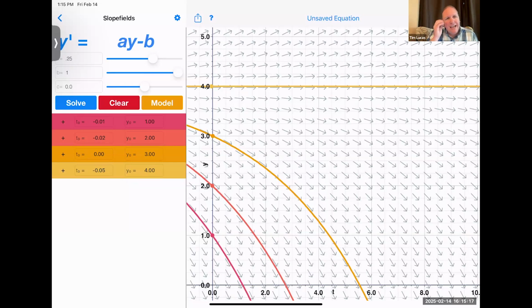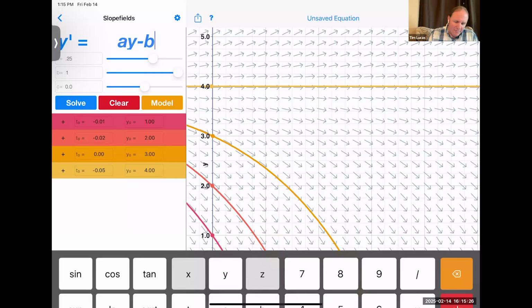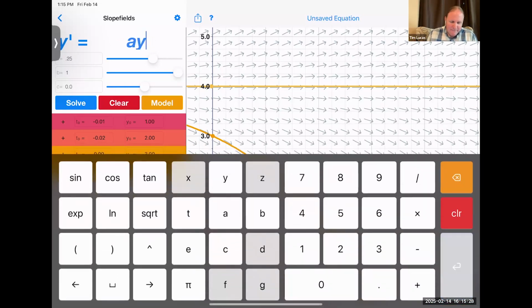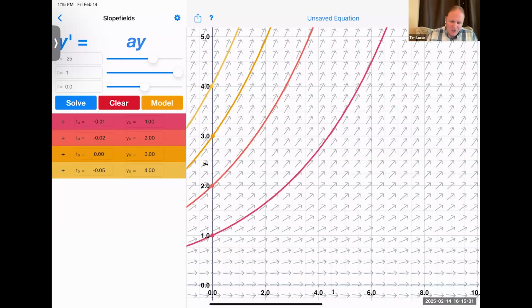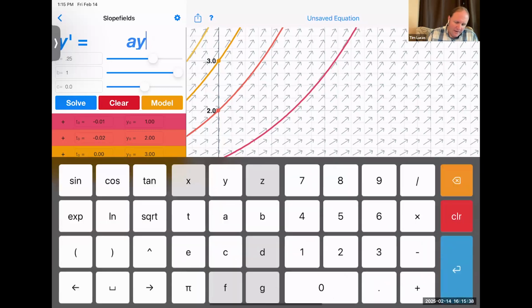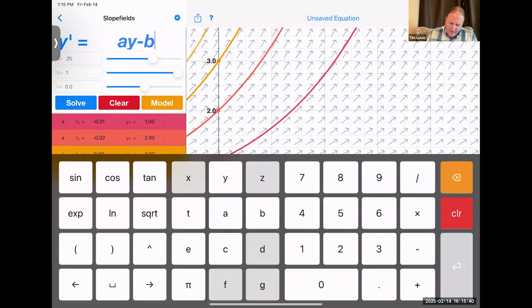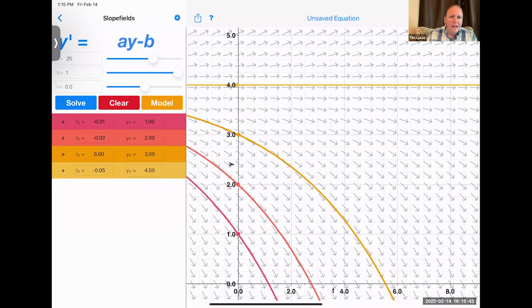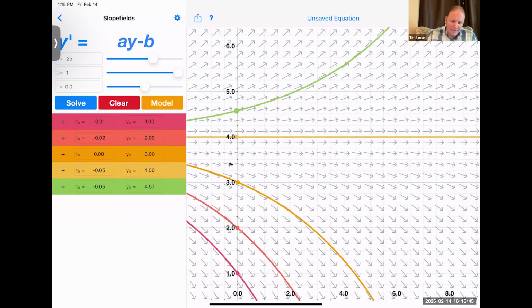A lot of the patterns are the same, but the students will eventually pick up on the fact that this picture is the same as the one they saw without a trapping rate, except that it's shifted. There were solutions going up, but the negative solutions were going down, away from the equilibrium. If they add on that constant, they'll see, oh wait a minute, solutions are still moving away from the equilibrium, but the equilibrium has been shifted.